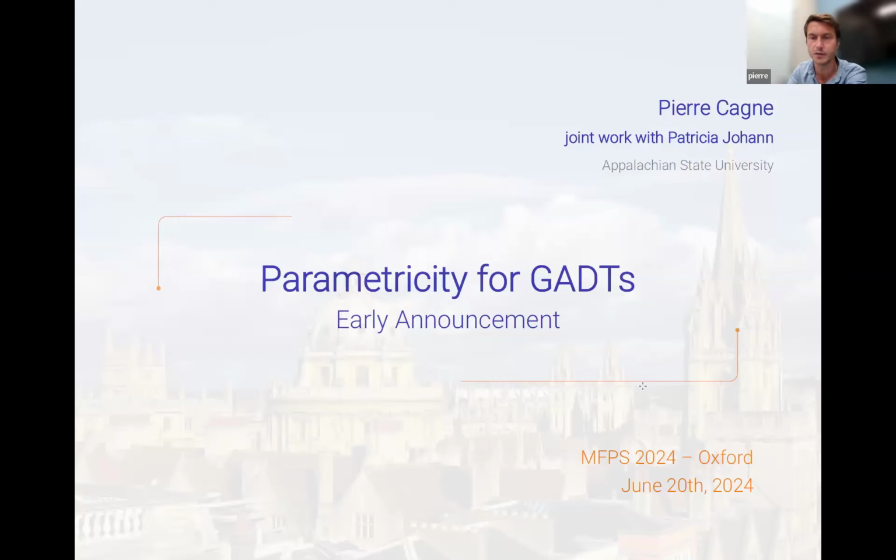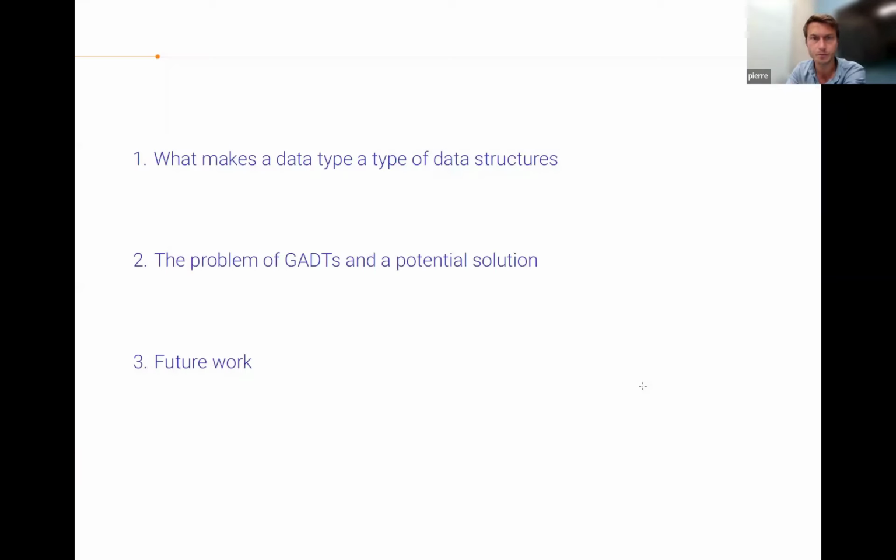So that was this special track for MFPS this year. And so I will present something which is still preliminary in some sense. So first, I will talk about what makes a data type the type of data structures in general, before moving to the specific case of GADTs, which stands for Generalized Algebraic Data Types.